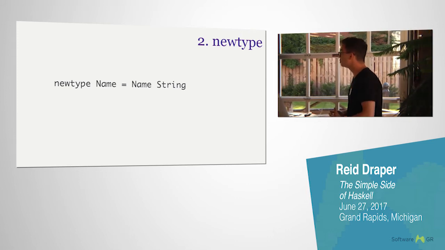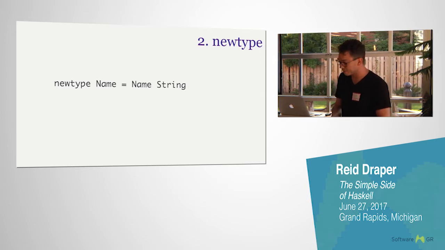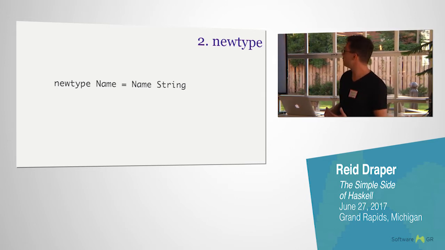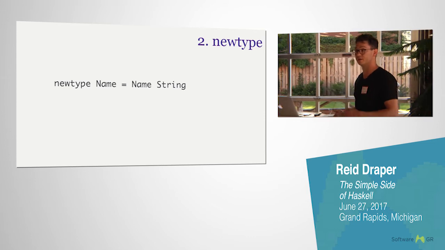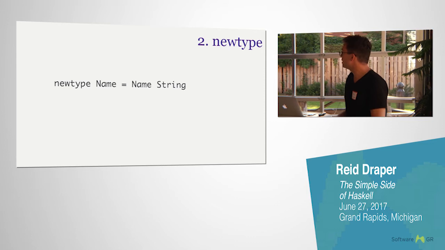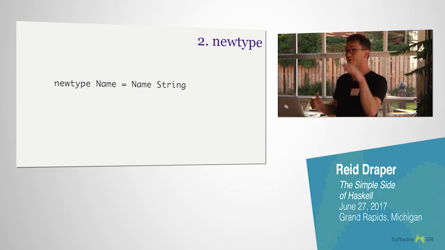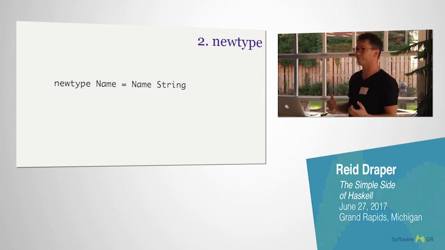In most programming languages, like let's say Ruby, Python, if we had a person's name, we would just use the built-in string type. We would use the built-in number or integer type for their age. And it kind of means that at any point in our program, if we just have a string or a number, let's say we're debugging something and somewhere in the call stack we see there's a number, we don't really know what that number means.